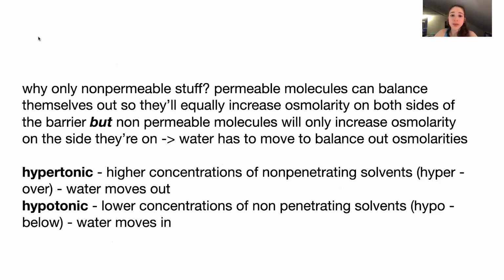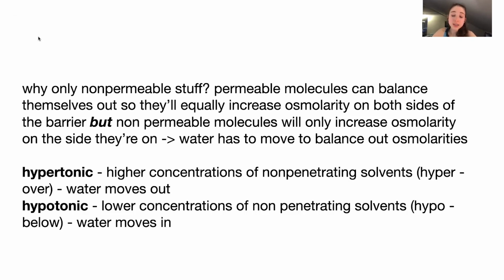So we only care about the non-permeable stuff because the permeable molecules can basically balance themselves out. They'll equally increase osmolarity on both sides of the barrier. But the non-permeable molecules will only increase osmolarity on the side that they're on. And so water has to pull the weight. It has to be moving in order to balance out those osmolarities.